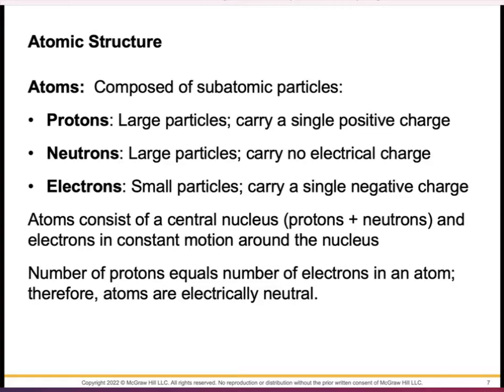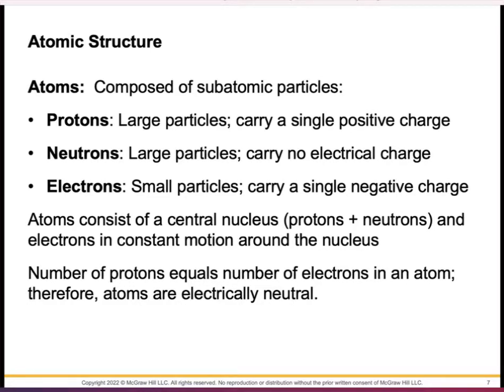So let's refresh our memory a little bit. We said that atoms are made up of even smaller subatomic particles, and these particles are known as protons, neutrons, and electrons. In atoms, protons and electrons are going to carry electrical charges.